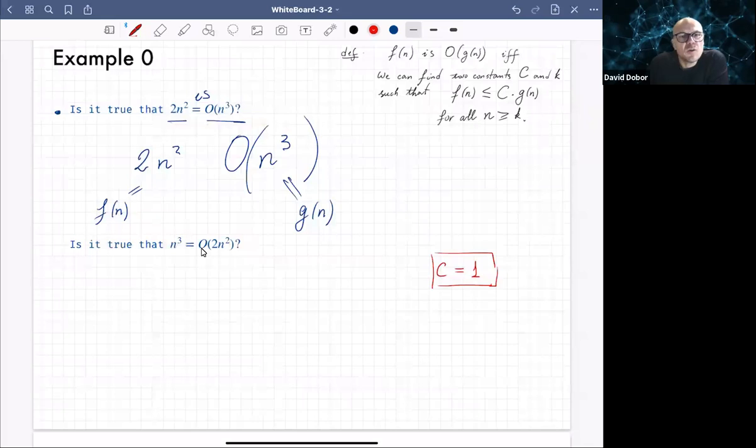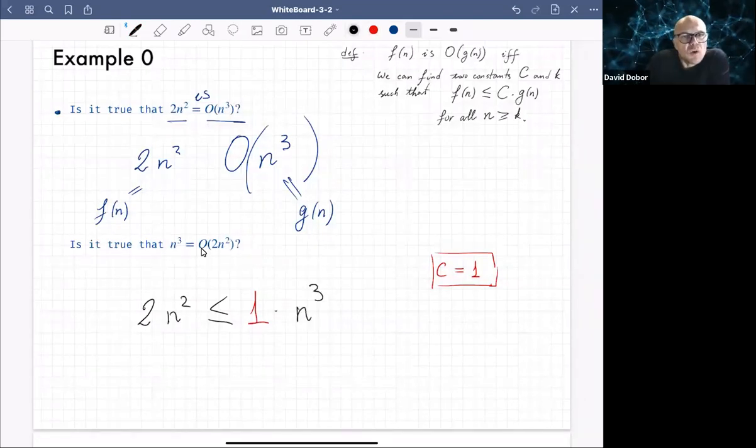The question is, what does K have to be? So what we want to have is 2n squared to be less than or equal to C times g of n, which is n cubed. When will this hold?